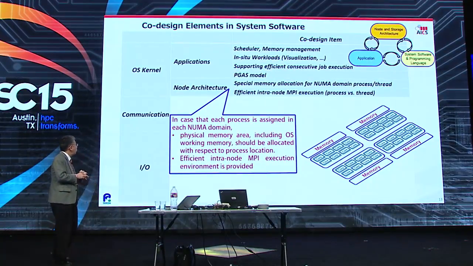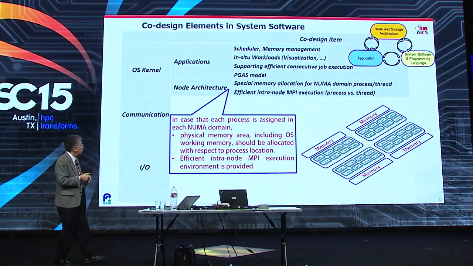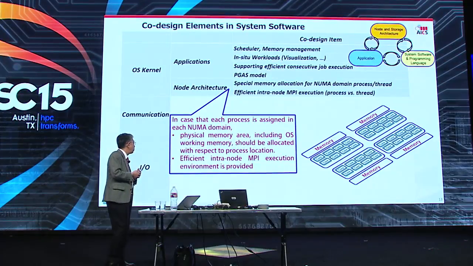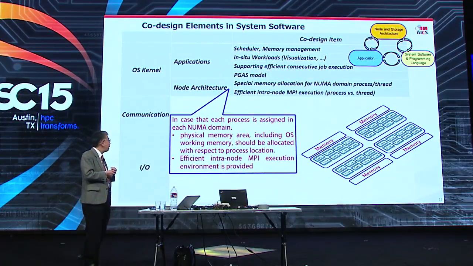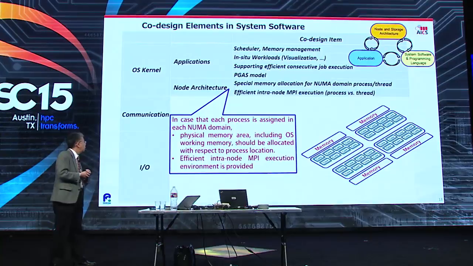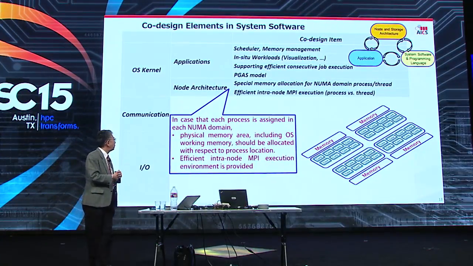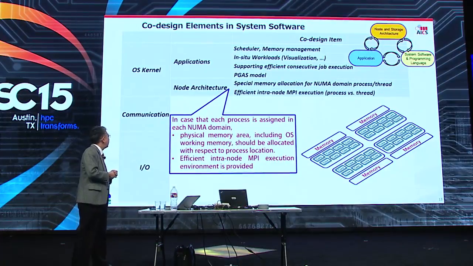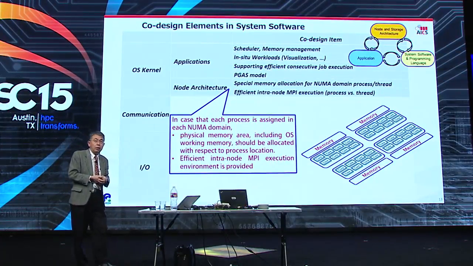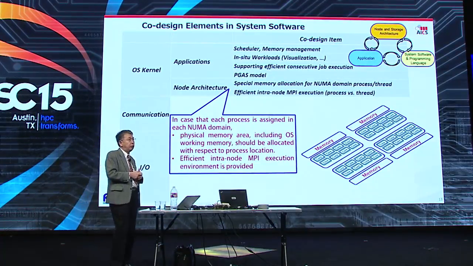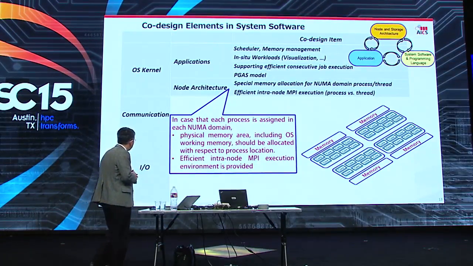The Codesign with node architecture has two items. In the case where each process is assigned to each NUMA domain, the physical memory area, including OS working memory, should be allocated with respect to process location. We want to implement such capabilities in our lightweight kernel.